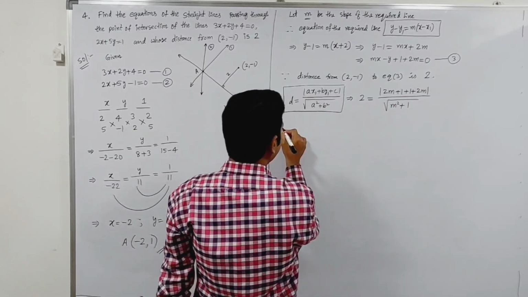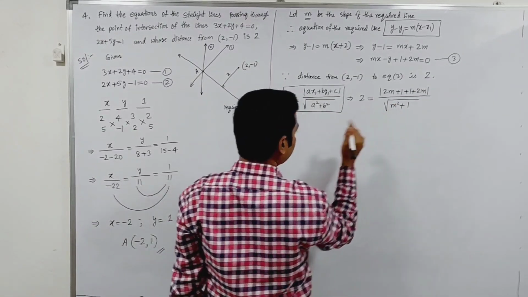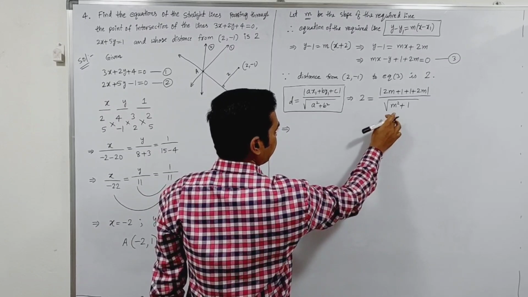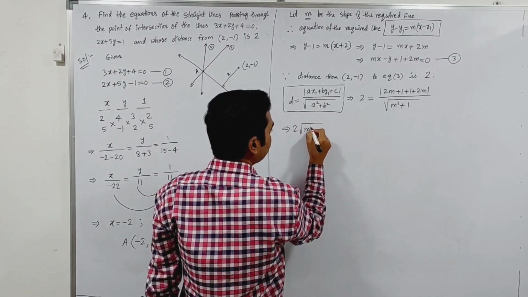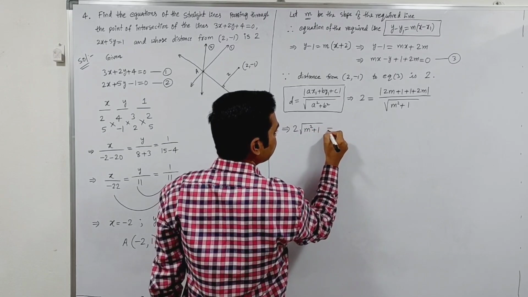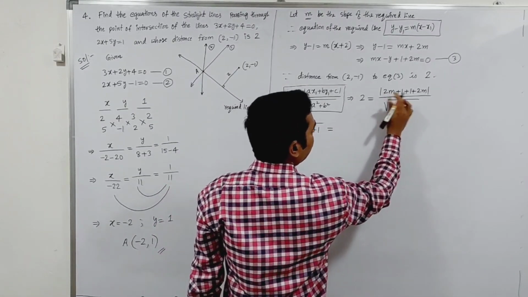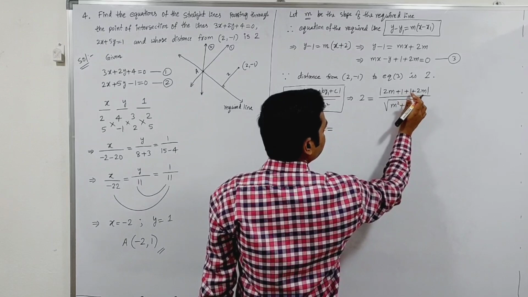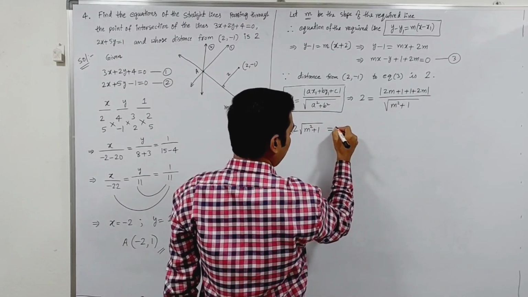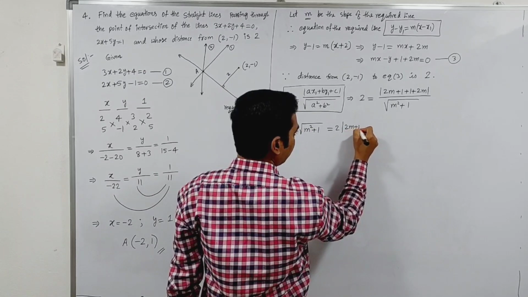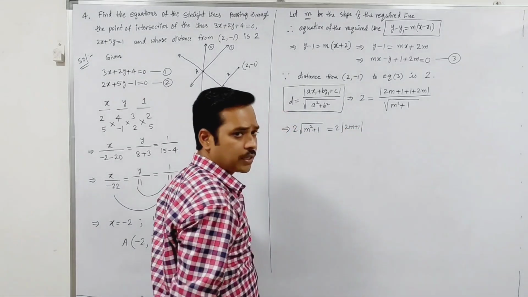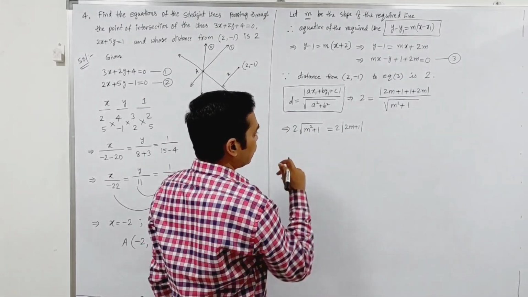So from this equation, take this term to the left side. 2 into under root of m square plus 1 is equal to modulus of 2m plus 2m, 4m, 1 plus 1, 2. Take 2 common, we get modulus of 2m plus 1. 2 into modulus of 2m plus 1. Here the 2 gets cancelled.